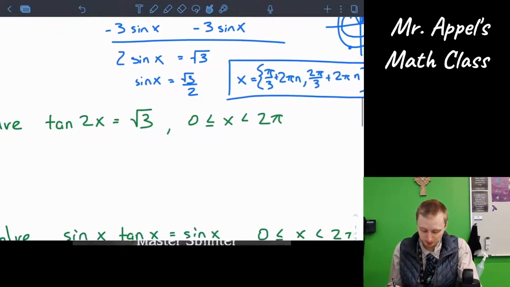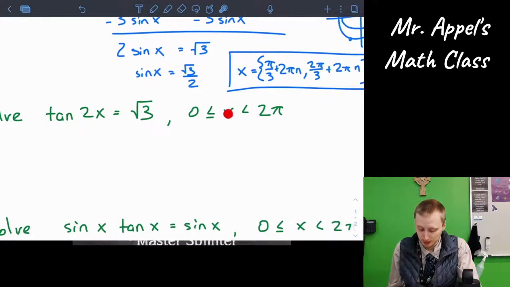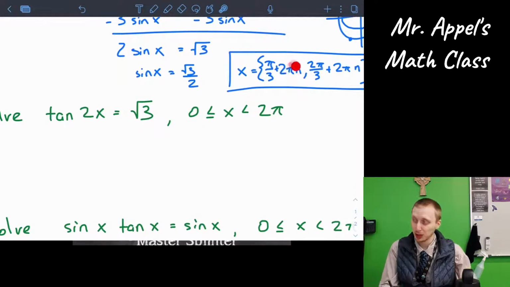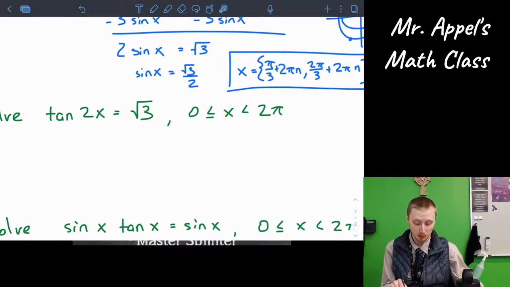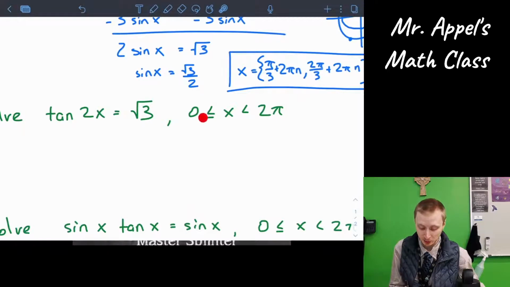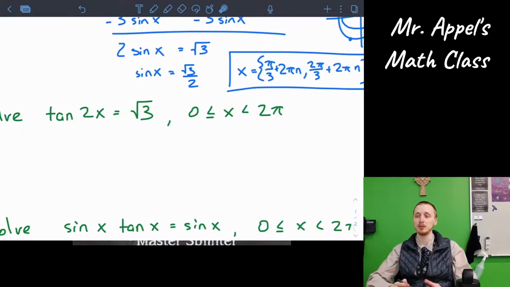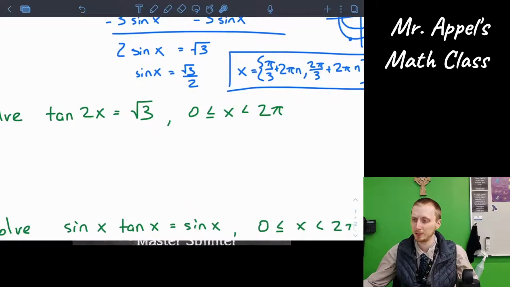Just different notation, right? X has to be between 0 and 2 pi. So this is going to limit ourselves. We don't need to add the plus 2 pi n's everywhere. We just need to find all of the ones that work in this region. So we will list them all explicitly. If there's 17 of them, we will list all 17. Okay? That's just what we got to do.